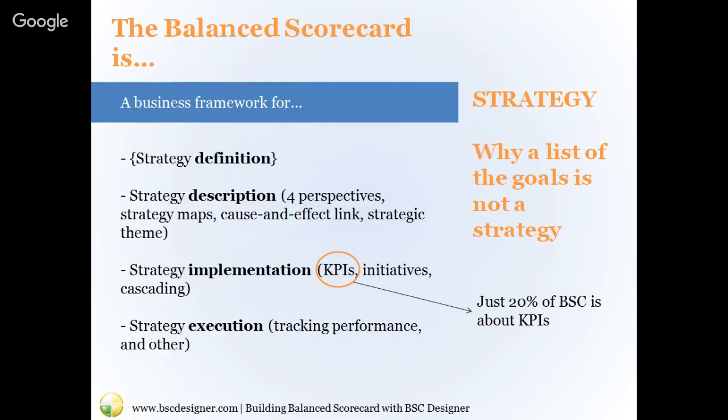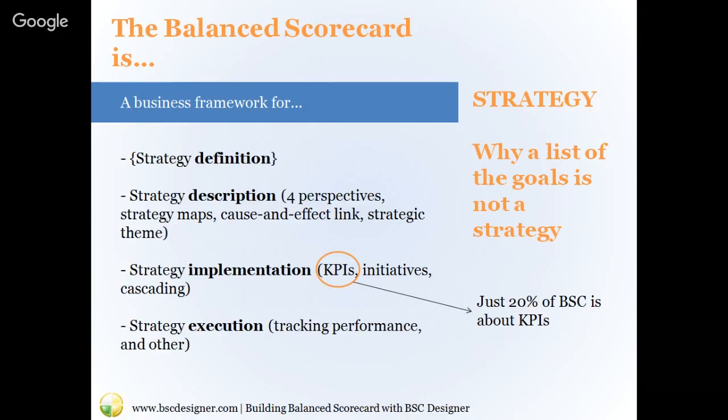So, 4 steps. I don't think that those steps are universal, because if you ask another expert, he or she will give you a different opinion about the content of the steps. But the idea is more or less this: strategy is about these 4 steps.